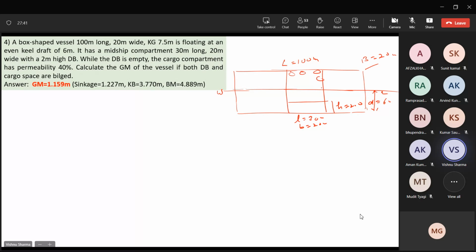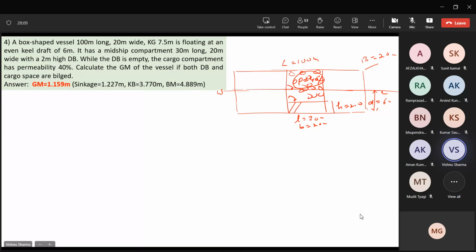You have cargo out here. The permeability of the cargo is 40%. Now this thing gets bilged below the water line, damaging both the cargo compartment as well as the DB.